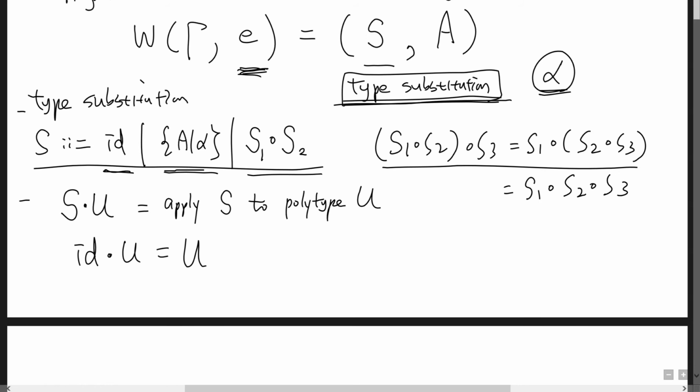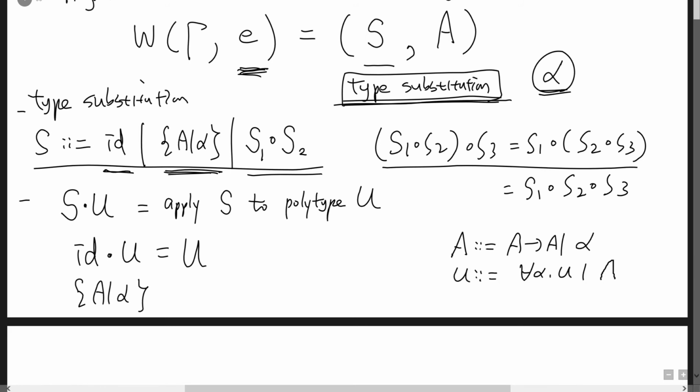Now let's consider the second case, A for alpha. This is the definition of types: A is A arrow A or type variable alpha, and U is for all alpha U or A. So let's consider this case.